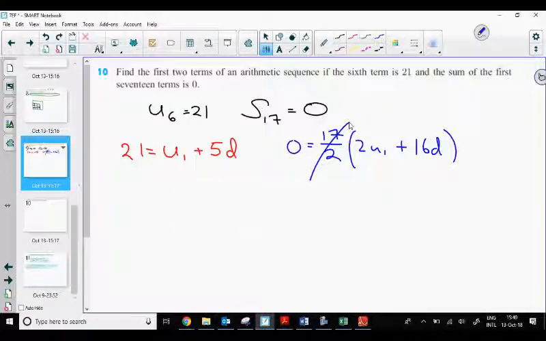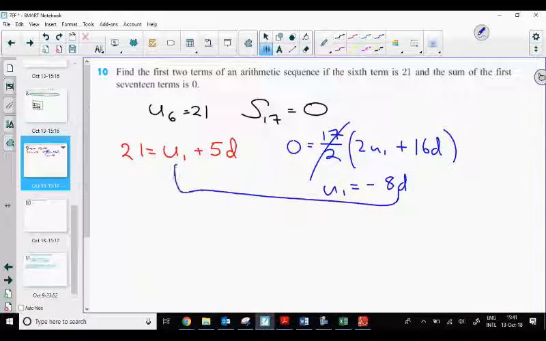That's pretty cool. And that tells me that u sub 1 is equal to negative 8d. And we can substitute that in over here. So now I know that 21 is going to be equal to negative 3d. That tells me that d is equal to negative 7.